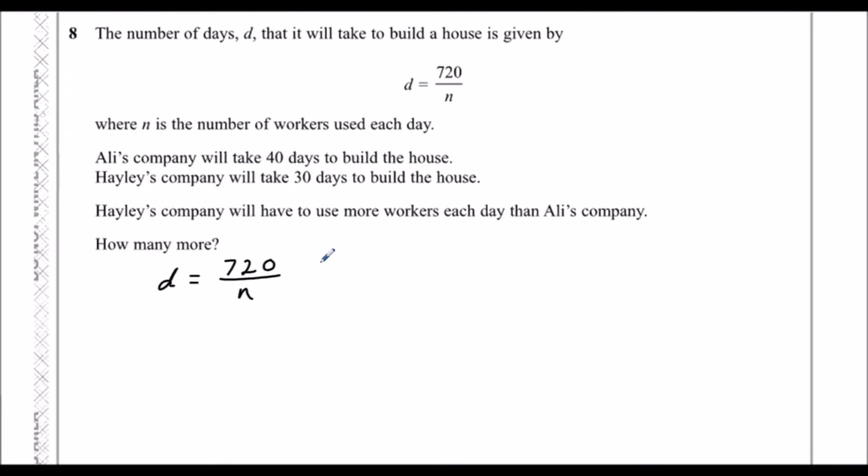Ali's company takes 40 days. So 40 is 720 over N. So let's find out how many workers Ali's company uses by solving this equation. So times both sides by N will give us 40N equals 720.